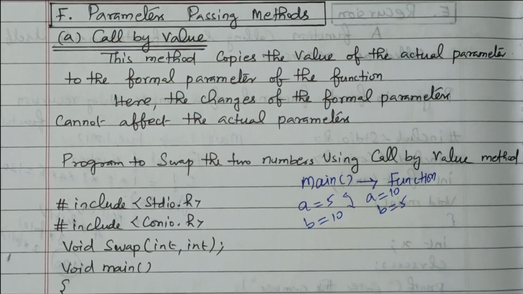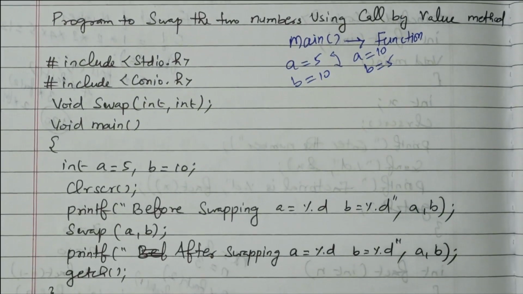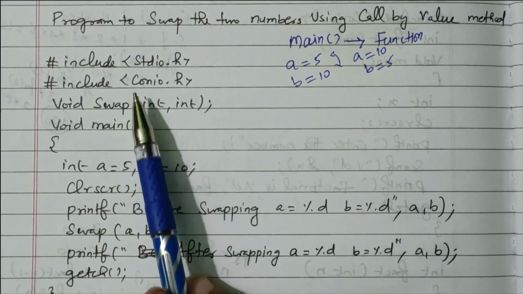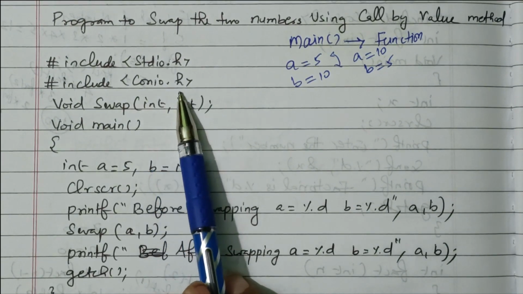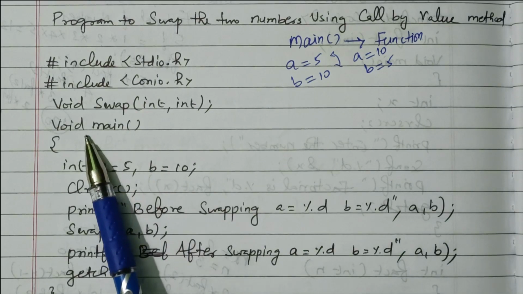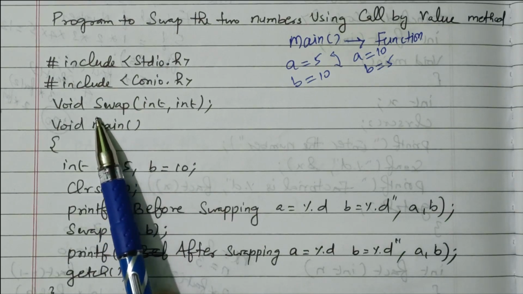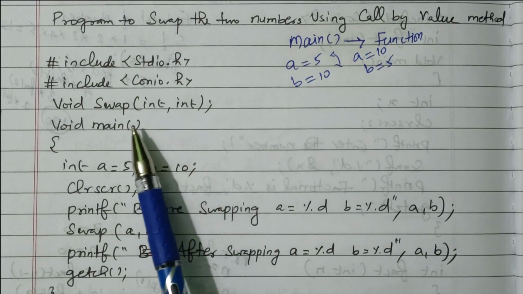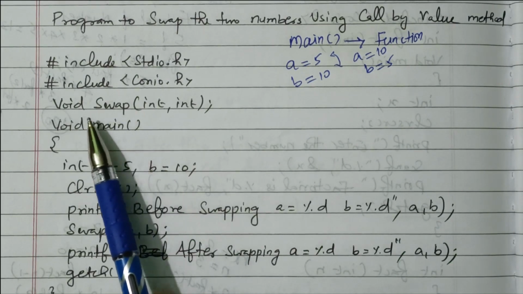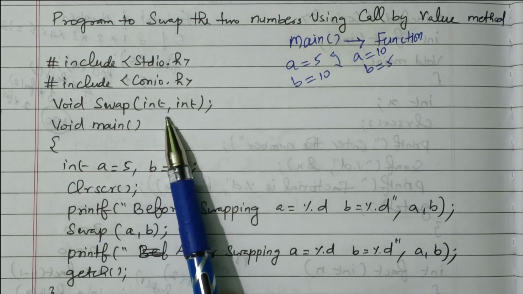First we need to include the header file, the standard input output header file, stdio.h. Before the main program, we need to declare the function. This is called function declaration. It contains 3 things: the name of the function, the return type, and the arguments.